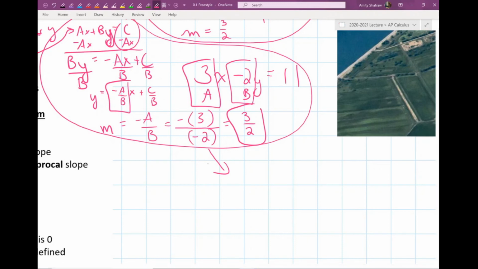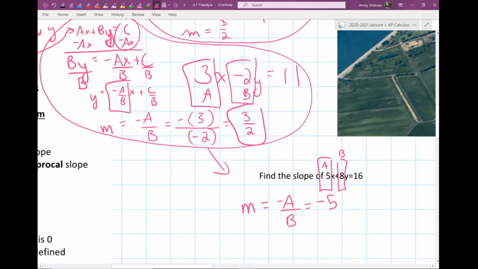So here's another question. Ready? Find the slope of 5x plus 8y equals 16. Okay, well, if you can say that this is A, and you could say that this is B, and you can memorize that M is negative A over B, then you throw A in, you throw B in, and boom, you have the slope, and you didn't have to do any work.